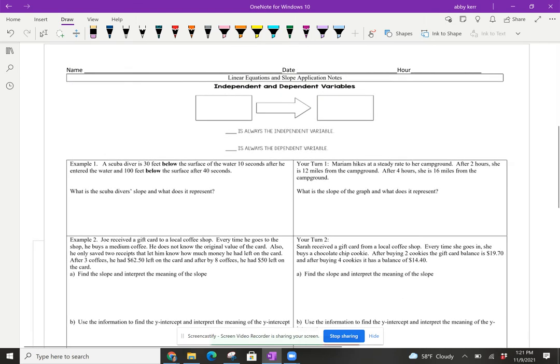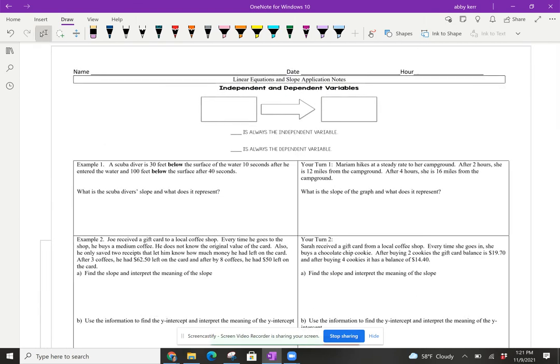All right, in today's notes, we're going to do linear equations and slope application. So the first thing you want to know is x is always going to be the independent variable and y will be the dependent variable. And the independent causes the dependent to change.